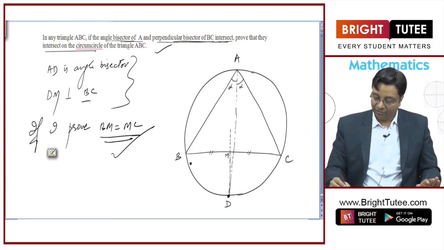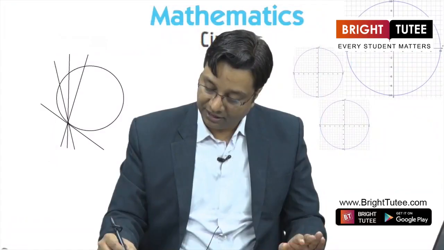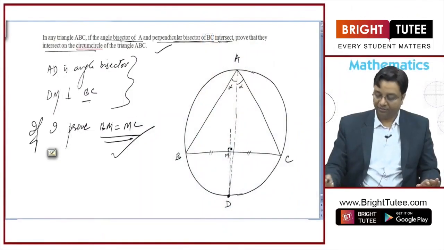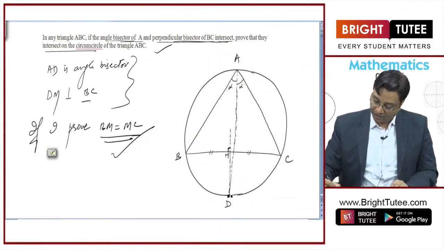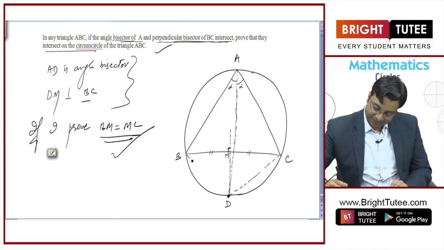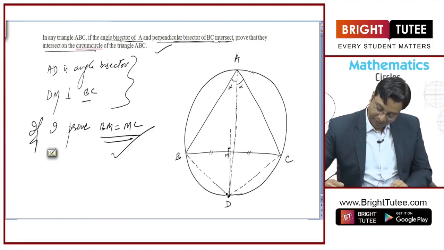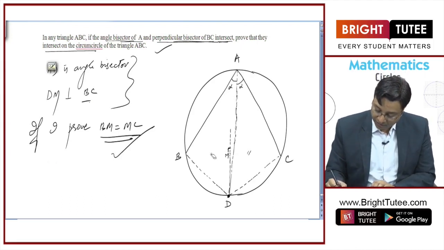So I just have to prove that BM is equal to MC, right? And this is perpendicular here. Now if I join DC and BD, what can you say about these two chords?